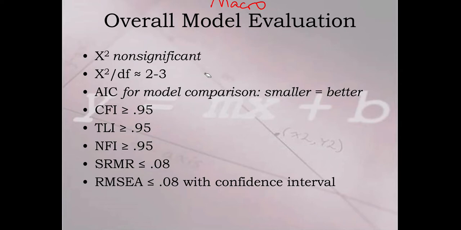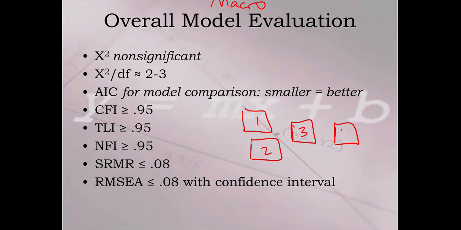So if you're ever comparing two models, for example, a model that has variables 1, 2, 3, and 4, we could compare a model with direct paths to one that eliminates the direct paths.